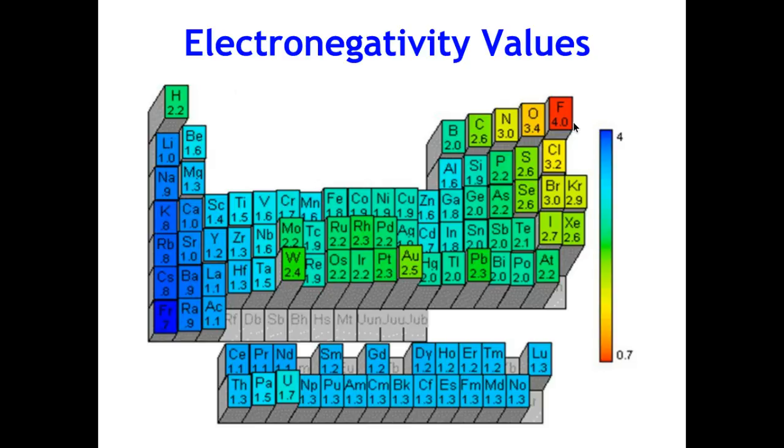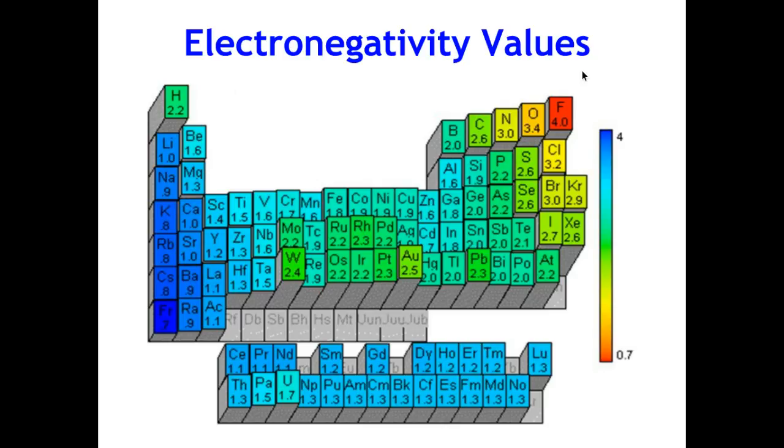And this has to do with the size of the atom, because those electrons can be closer to the nucleus. And fluorine happens to be the smallest non-noble gas on the periodic table, which means fluorine really wants to gain an electron so it can look like neon.